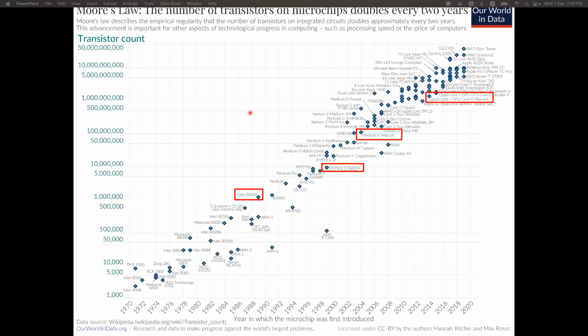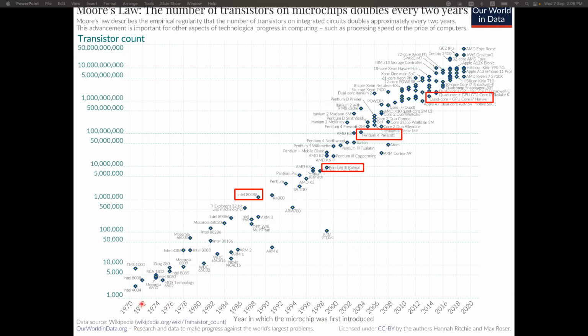This chart is taken from this source. It's about transistor count in state-of-the-art microprocessors. The y-axis is the number of transistors per chip. The horizontal axis is the year of the first introduction to the market.